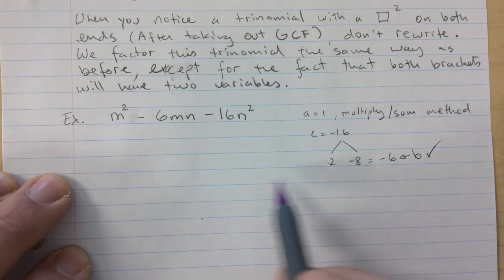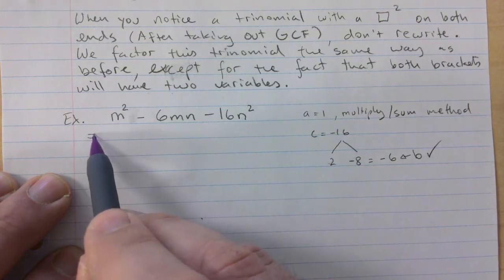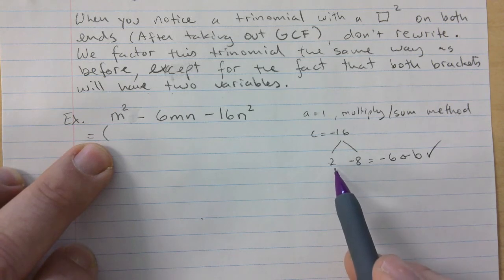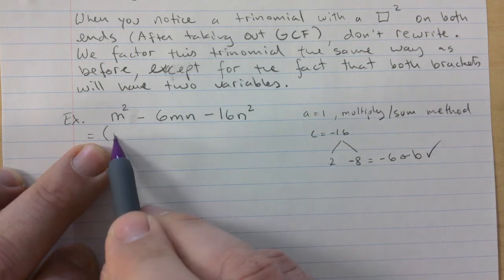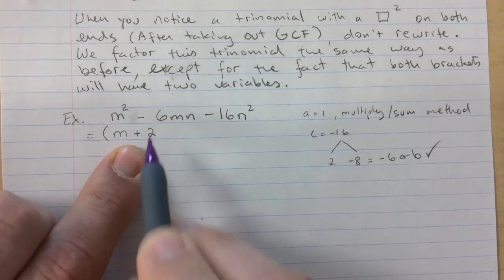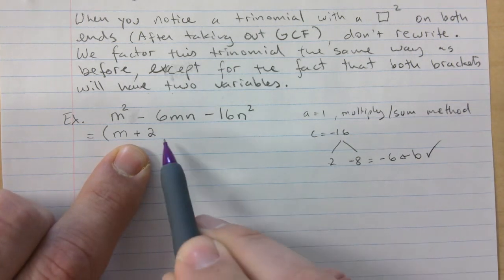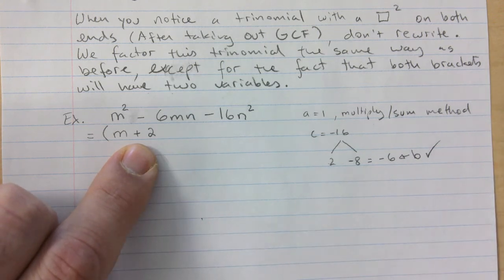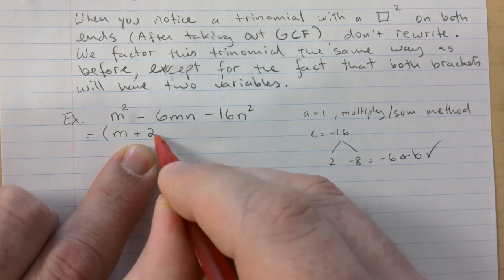So you take that over here, just like before, except it used to be m plus 2, right? M plus 2, because that's the first factor that goes in here. But in this case, you have a second variable, so you bring that variable in.